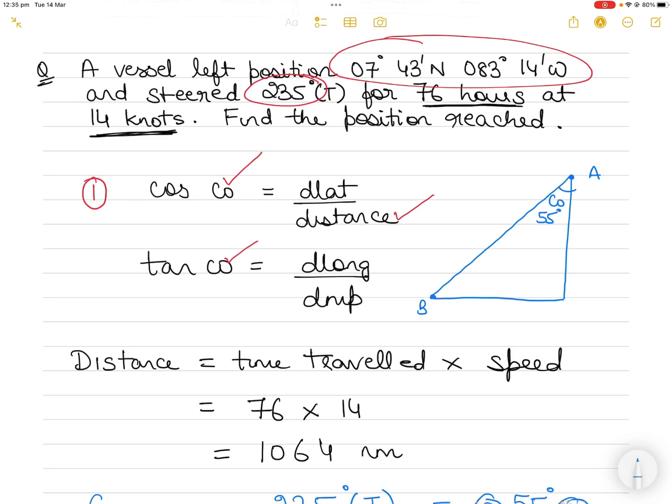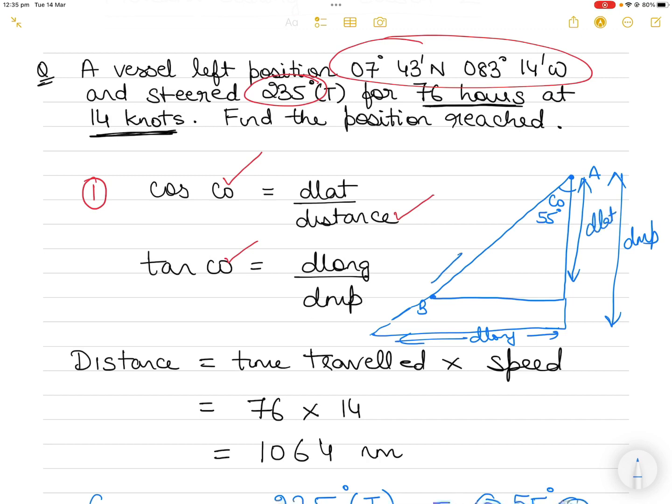Now this is a plain sailing diagram, so I extend it and make it a Mercator Sailing diagram, where this becomes D long and this becomes my DMP. But in my plain sailing diagram, this remains my D-lat, this remains my distance, and this remains my departure.